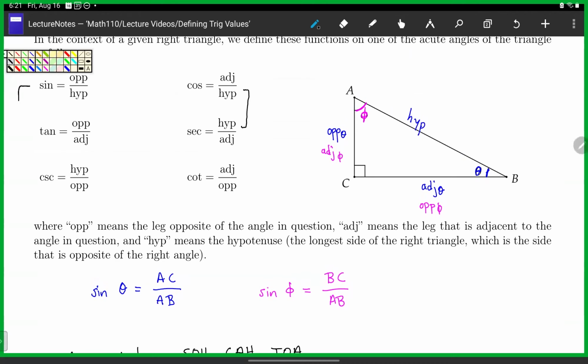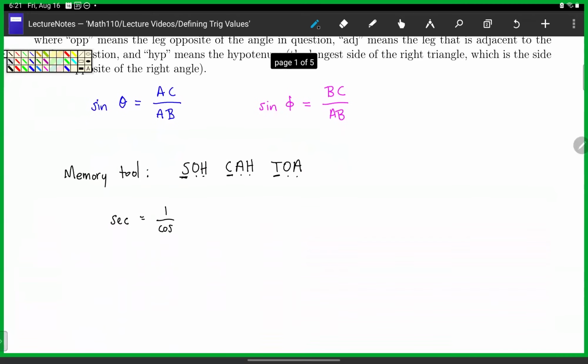Sine and cosecant are reciprocals of each other, and tangent and cotangent are reciprocals of each other. So cosecant is the reciprocal of sine, and cotangent is the reciprocal of tangent.